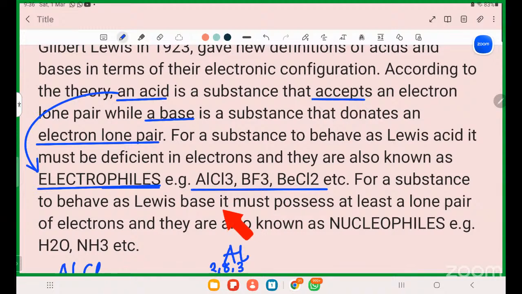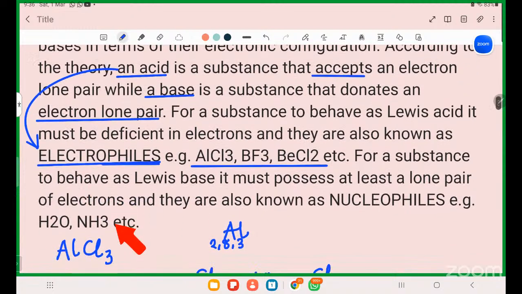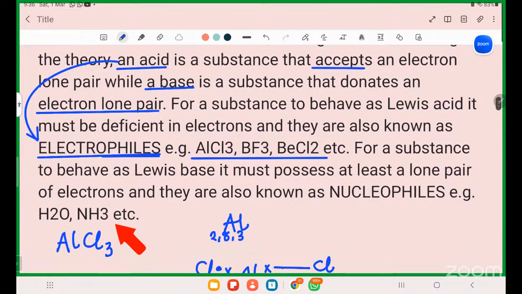For a substance to behave as a Lewis base, it must possess at least a lone pair of electrons. Meaning Lewis bases have enough electrons, so they are also known as nucleophiles. Nucleophiles are just like the opposites of electrophiles.